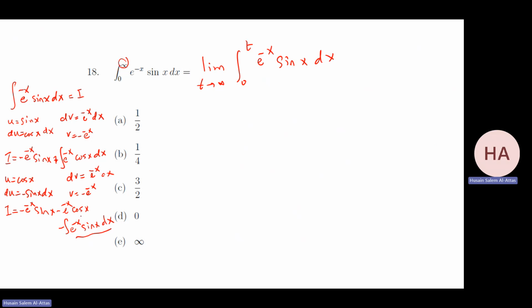So I have 2I, take it to the other side, that 2I will be equal to minus e to the minus x sine x minus e to the minus x cosine x. So I will be this over 2.